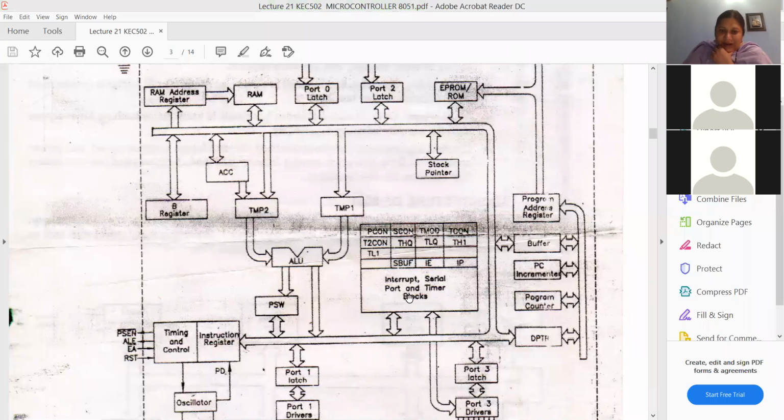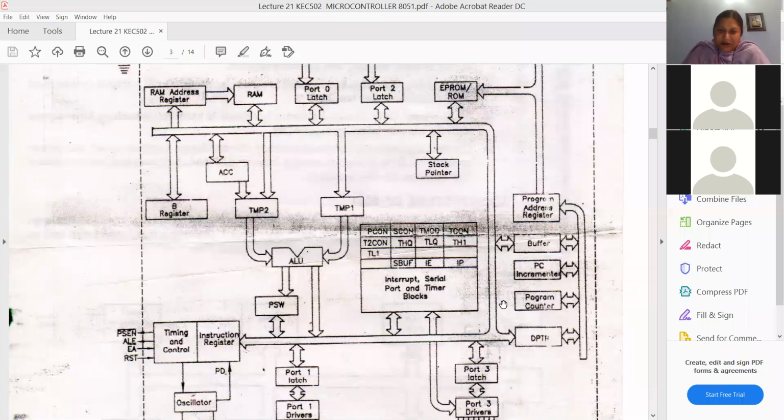So whenever we write R0 to R7, first we have to specify the register bank. Then only the registers R0 to R7 are referred to that particular bank, because they are not numbered from R0 to R31. They are numbered from R0 to R7. So it should be differentiated with the help of bank specifying. You have to specify the bank.